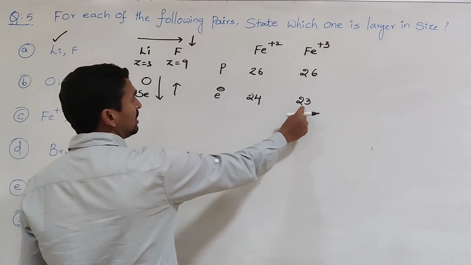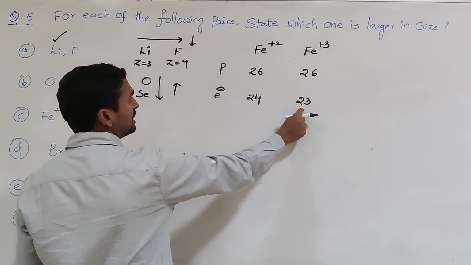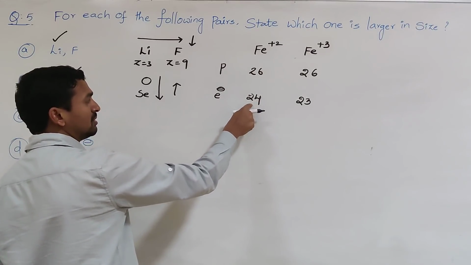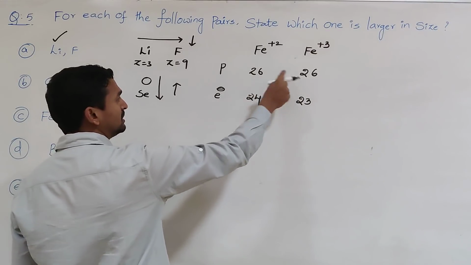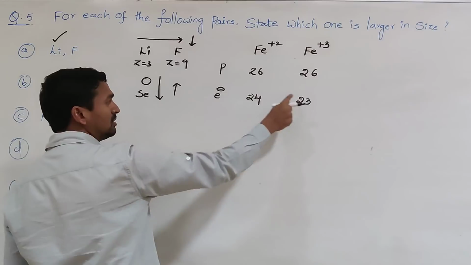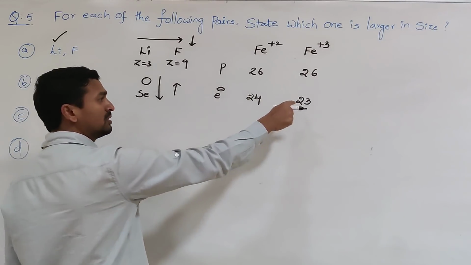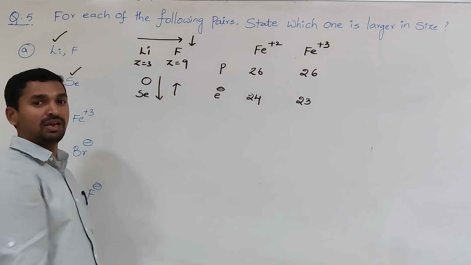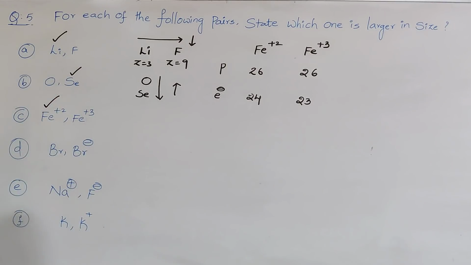So here the effective nuclear charge is more, that's why the ionic radii is less; there the ionic radii is more, because more electrons are present here and fewer electrons there, but in both cases the positive charge is the same. So the effective nuclear charge is more here and less there, so the distance is less here and more there. Wherever the distance is more, that is always said to be larger in size. That's why the answer is Fe plus 2.